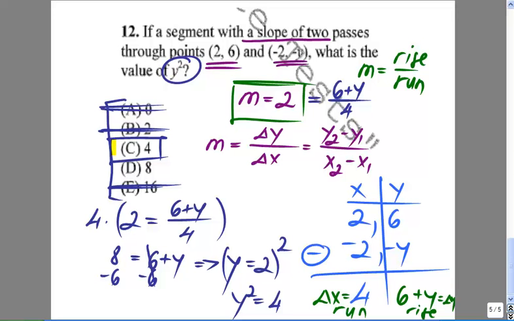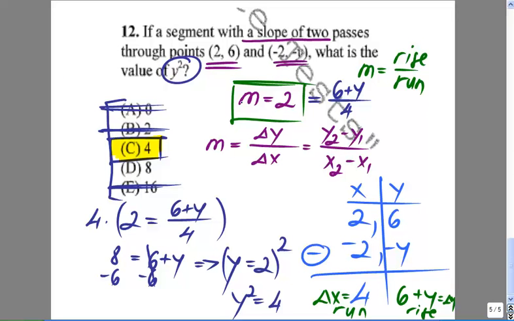And you are done now. One thing that you can always do here is to check if you got it right. Plug that value for y back into your coordinates. Change in x will be 4, change in y will be y plus 6, which is 8.